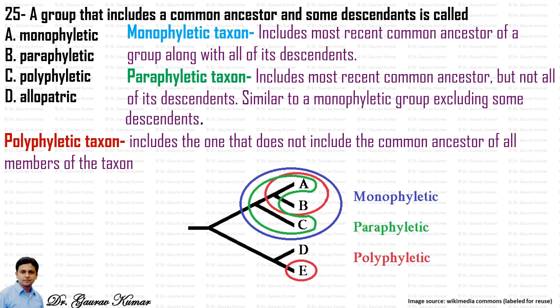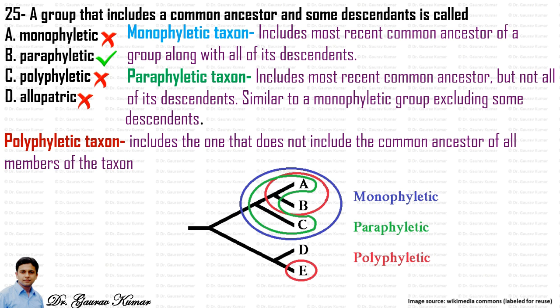So it is similar to a monophyletic group, just excluding some descendants. Now a polyphyletic taxon is one that does not include the common ancestor of all the members of the taxon. So the answer to this question is that a group that includes a common ancestor and some descendants is called paraphyletic. The fourth option is allopatric.